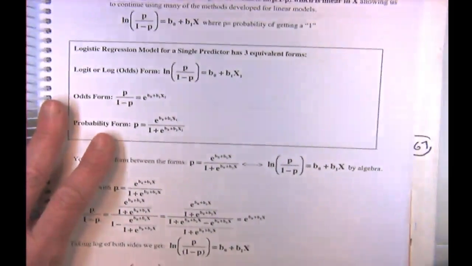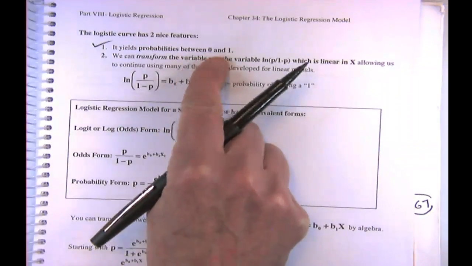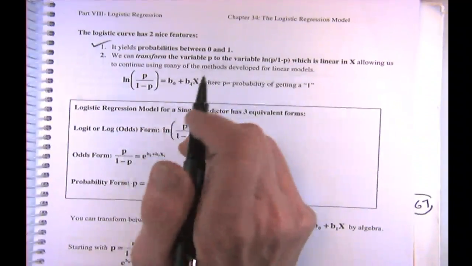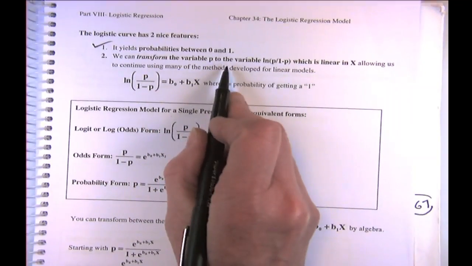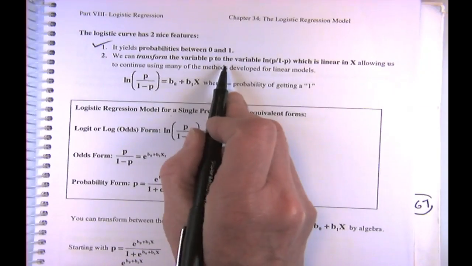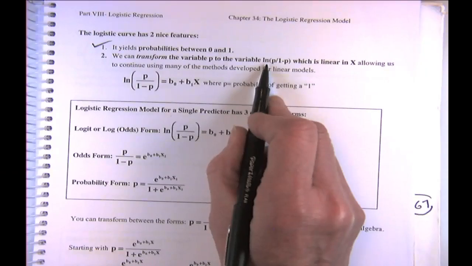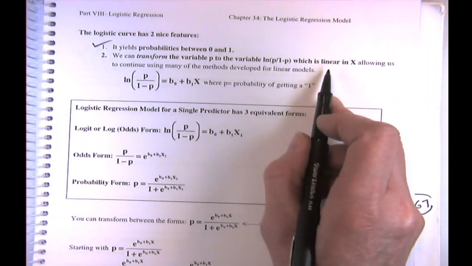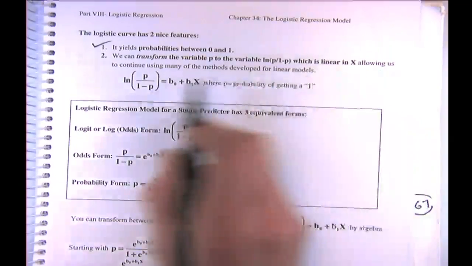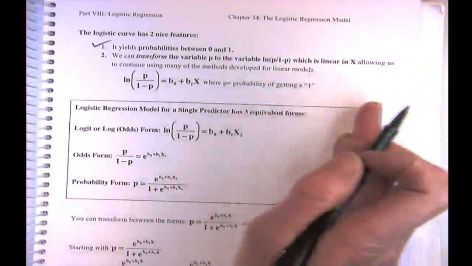So now it has two nice features. The one we just talked about, it yields a probability between 0 and 1. The other nice feature is that we can transform the variable p to the natural log of p over 1 minus p, which is linear in x, allowing us to continue to use many of the methods we've been using for linear models.